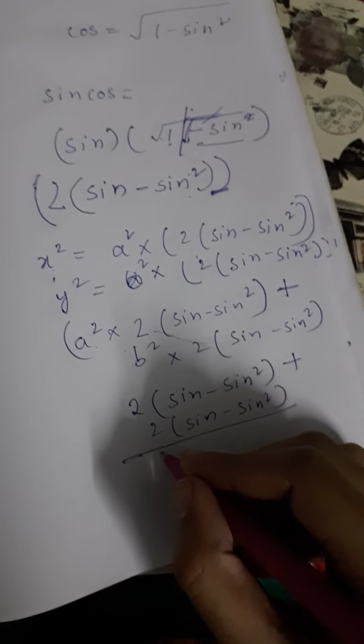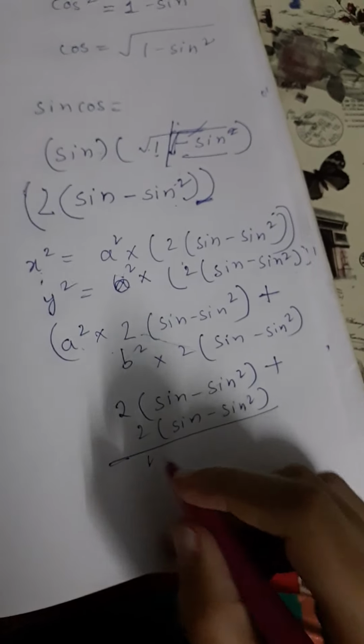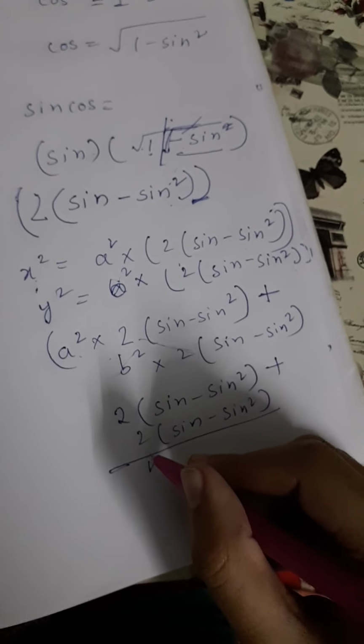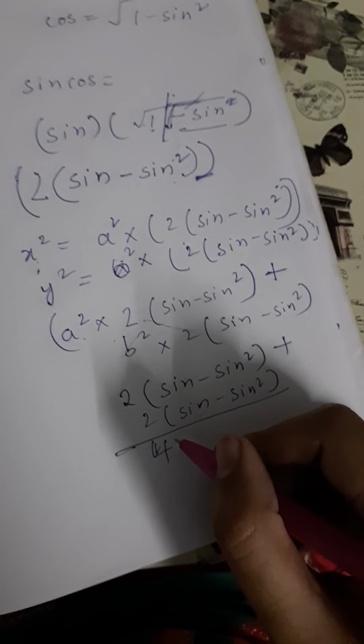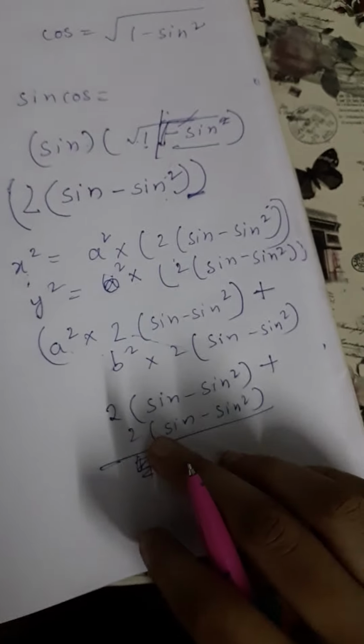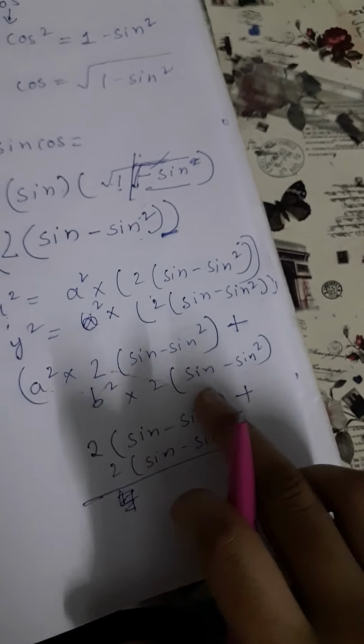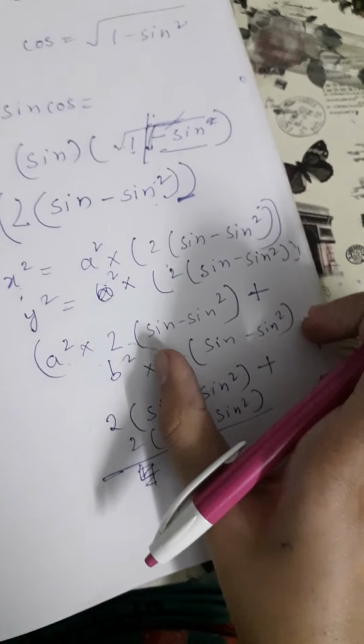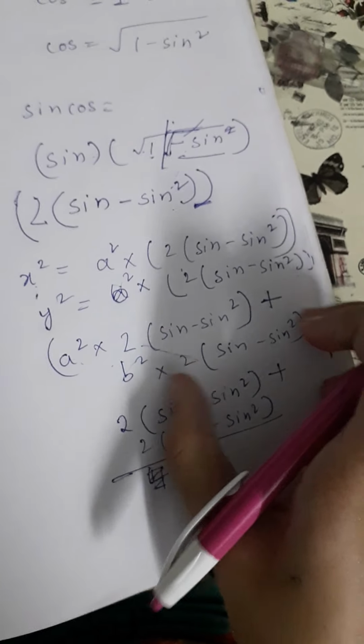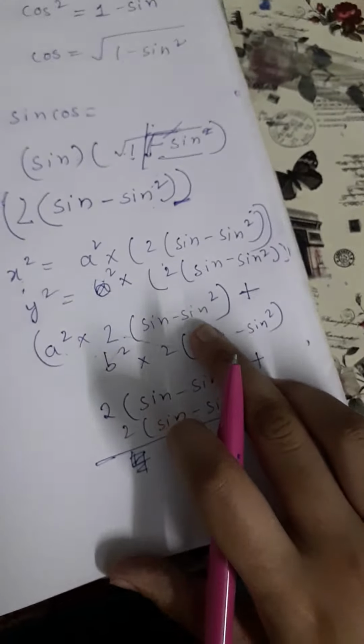Now we will get that this is basically 4. Let's go simple. Now this is with 2, and this is with 2. All this is multiplied with 2, and this whole thing is multiplied with 2.